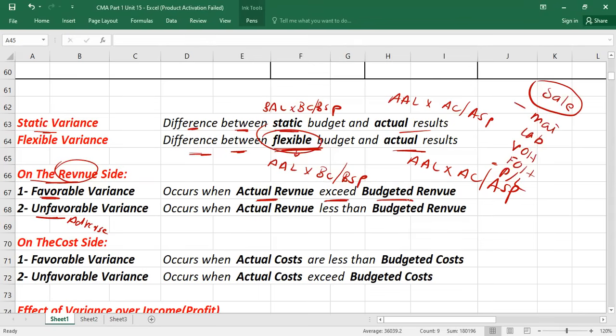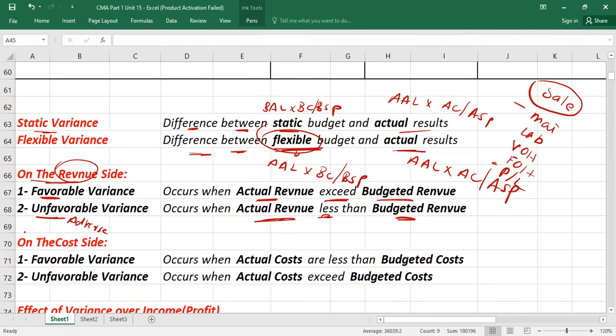Like your actual sales are more than budgeted. So that is called favorable. What is unfavorable or adverse? When your actual revenues are less than budgeted revenues. That is called unfavorable.